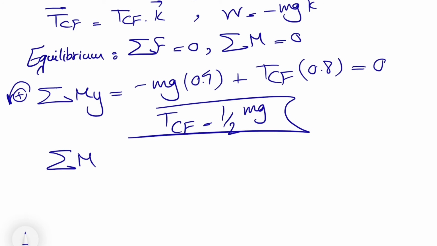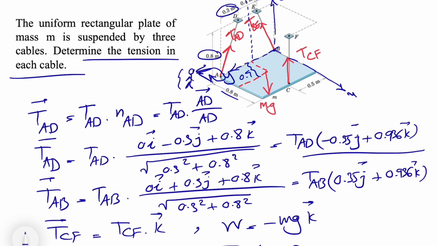Let's move on to the moment about x. If we look at the moment about the x-axis, we'll see again we have the moment of TCF, the moment of mg, and the moment of the z component of TAD. So let's start with the TAD, and we found already the z component is 0.936.